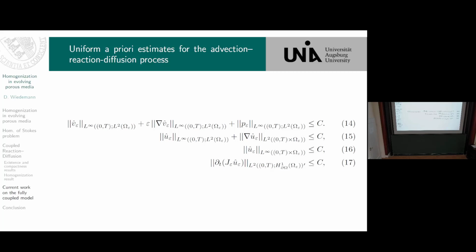In particular, the derivation of such a uniform bound for this time derivative becomes problematic, but we could solve this by deriving first these estimates, and then we could also conclude this L-infinity estimate, which allowed us then to derive this uniform bound for the time derivative.